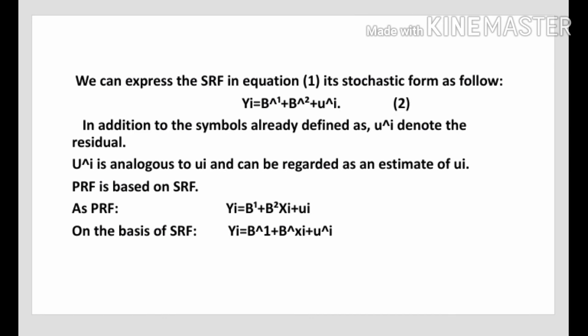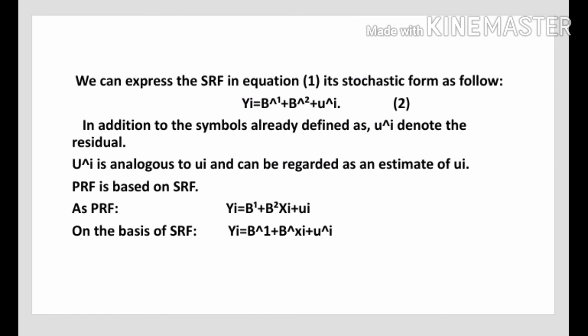We can express the SRF, the sample regression function in equation 1, in its stochastic form as follows: yi is equal to beta 1 hat plus beta 2 hat xi plus ui hat, where, in addition to the terms already defined, ui hat denotes the residual. ui hat is analogous to ui and can be regarded as an estimate of ui.